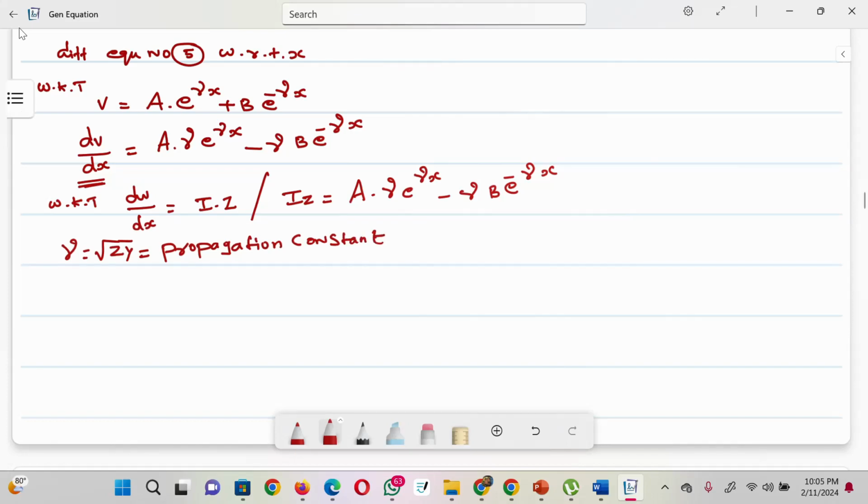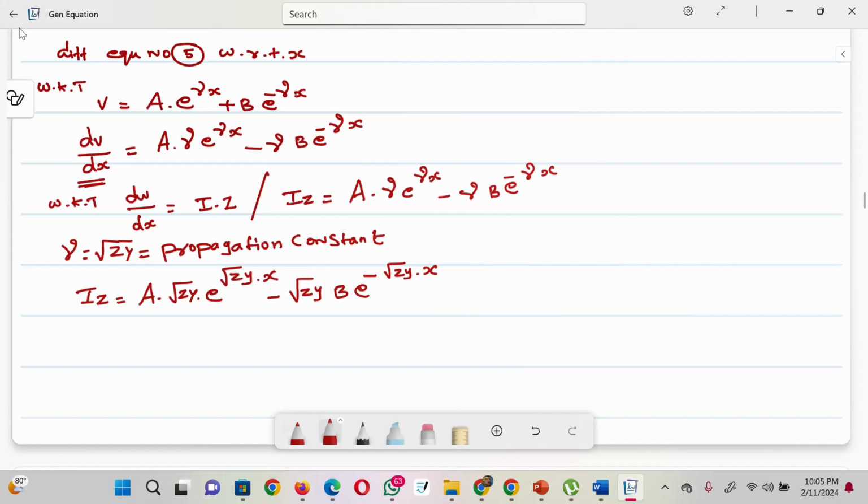So again we reduce: IZ equal to A into root ZY e power root ZY into x minus root ZY B into e power minus root ZY into x.